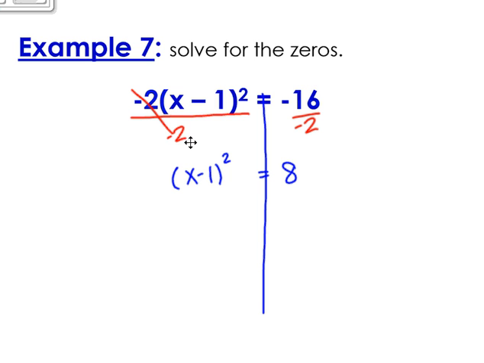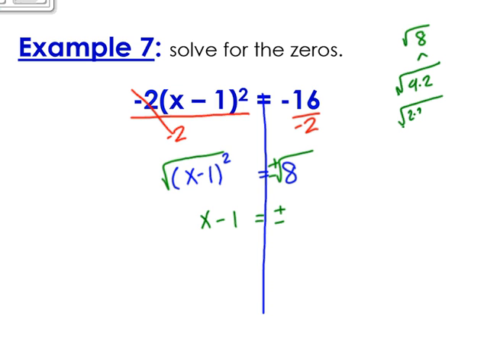Now I need to get rid of the square, because I can't add 1 yet since it's being squared. Plus or minus the square root. I get x minus 1 on this side, and on this side I get plus or minus the square root of 8. Well, 8 breaks down to 4 and 2. 4 breaks down into 2 and 2. 2 doesn't break down.